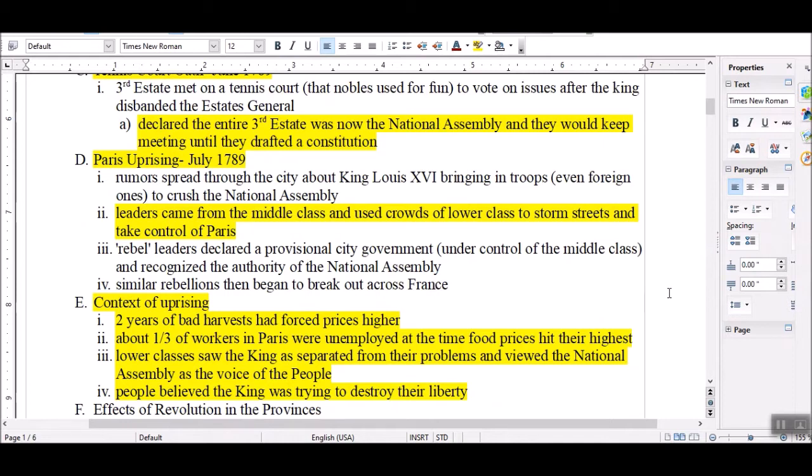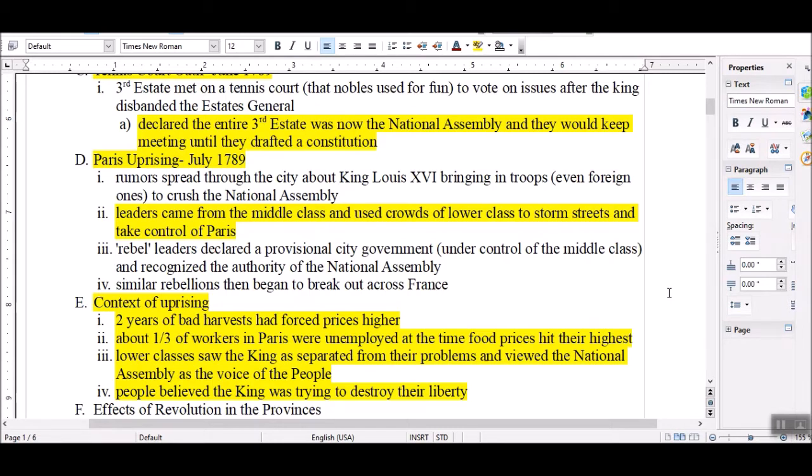Those foreign troops more than likely would have been Austrian, because that was Marie Antoinette's background, and of course she'd be working with the king to keep the people down. And there will be very outspoken leaders coming from the middle class. They will get crowds made up of lower class groups who are starving, who are angry, who are ready to hurt people. And these middle class leaders will kind of send out the lower class to storm the streets and take control of Paris.